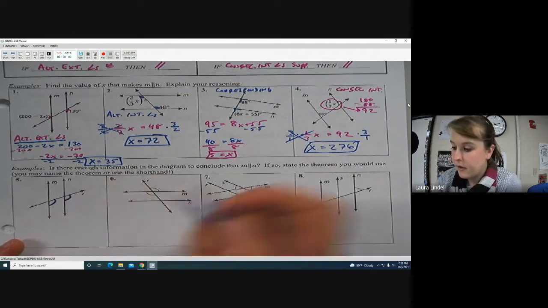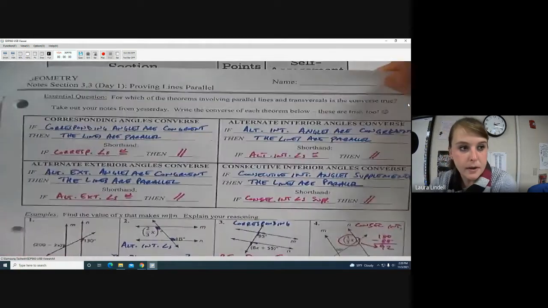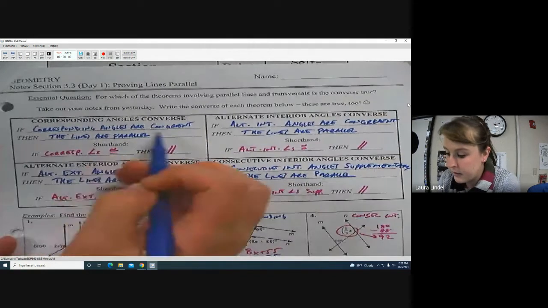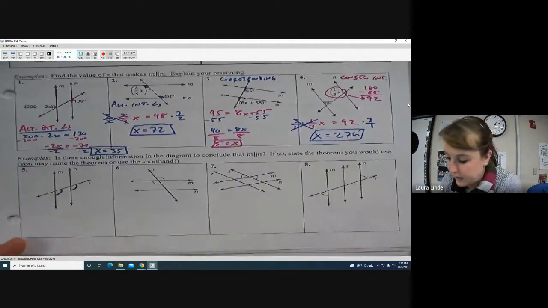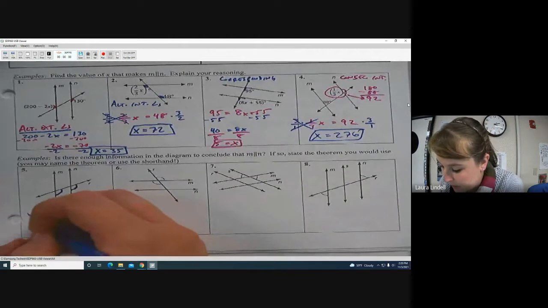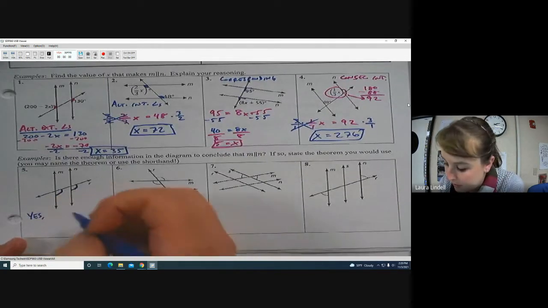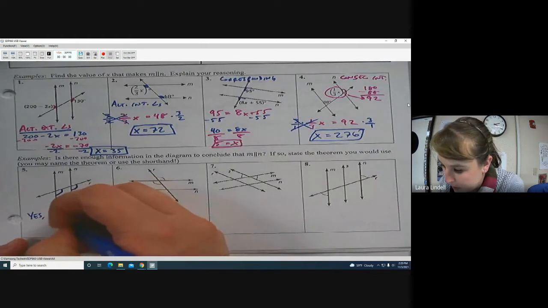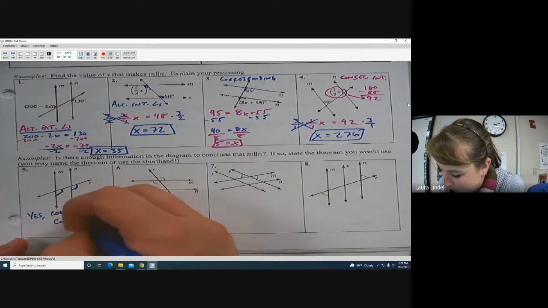And if corresponding angles are congruent, like we have up top here, then the lines are parallel. So we're good to go. So we can say, yes, there is enough information. That's the first part of our answer. And then the theorem that we used is corresponding angles converse.